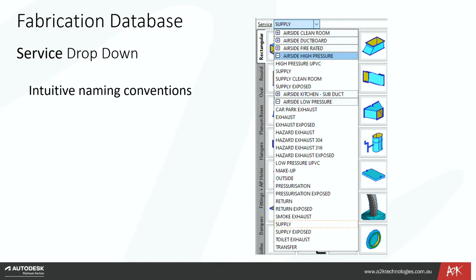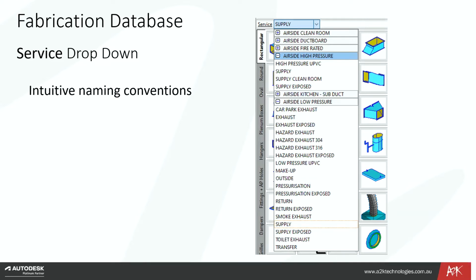They're grouped in a logical grouping with low pressure, high pressure, as you can see there, fire rated. There's a ductboard group, a clean room group, and these are all designed, or configured, I should say, so that if you're using a collaborative workflow with the manufacturer, they pick up the pertinent specification.